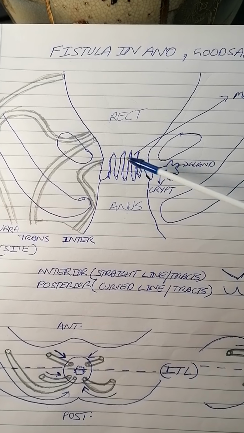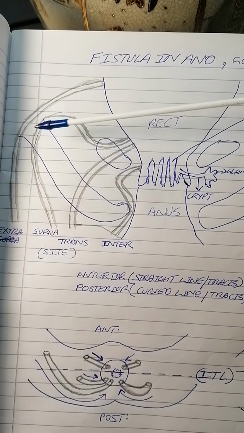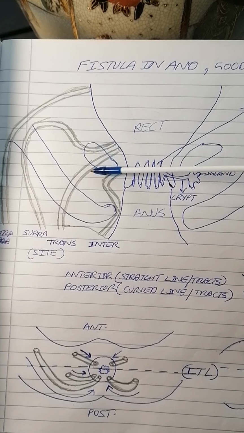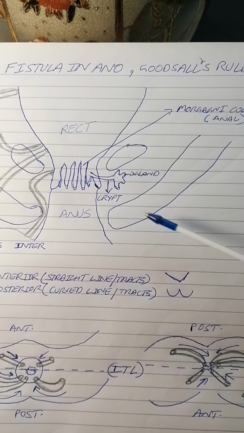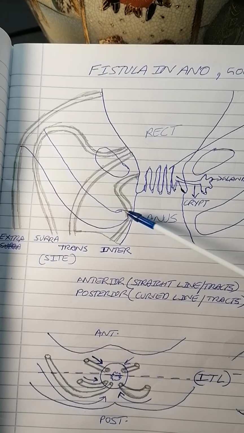I've drawn these on both sides. The internal sphincter is this one, and the external sphincter is much bigger, comparatively. On this side I haven't drawn the fistulas; I have drawn all four fistulas on this side.